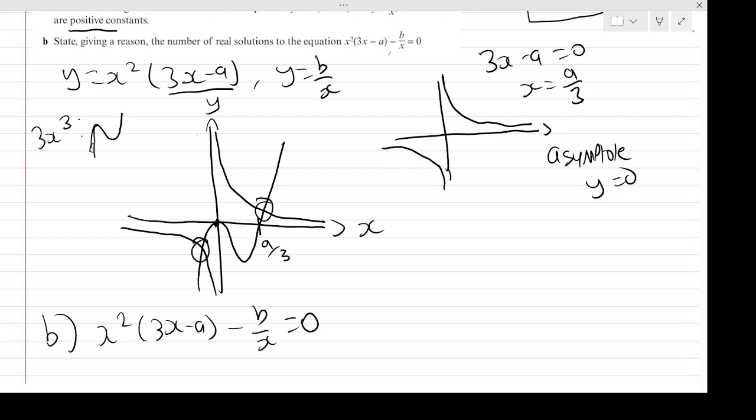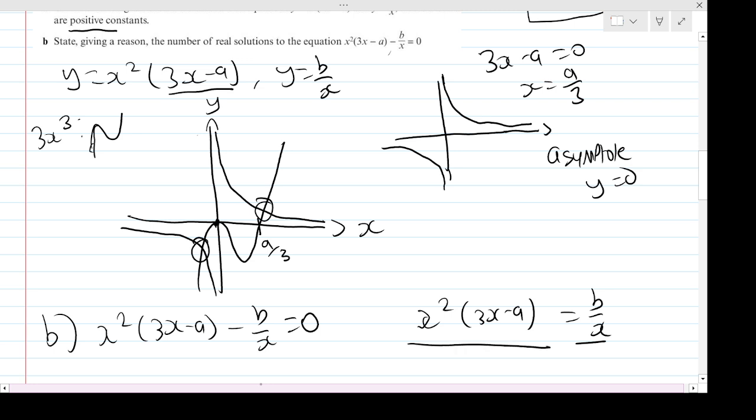Okay, well then we can actually rearrange this. I noticed that this part is our cubic graph, and this b over x part is our reciprocal graph. But what if I put them equal to each other? So what if x squared times (3x minus a), by rearranging, equals b over x? Well, then that just corresponds to the two graphs equaling each other. So y equals x squared times (3x minus a) equals y equals b over x. So the two graphs equal each other. Okay, so the solutions to this have to correspond to the intersections of these two graphs.